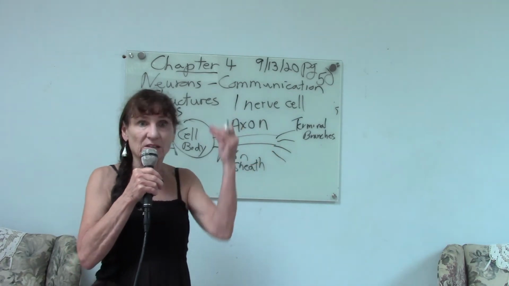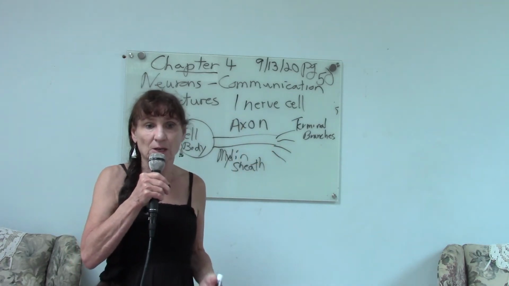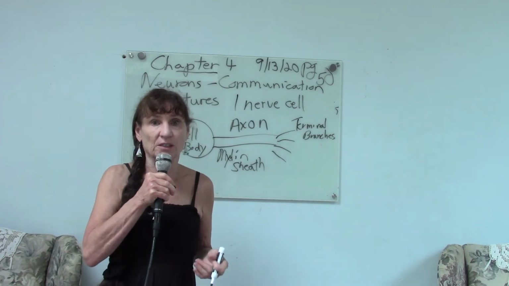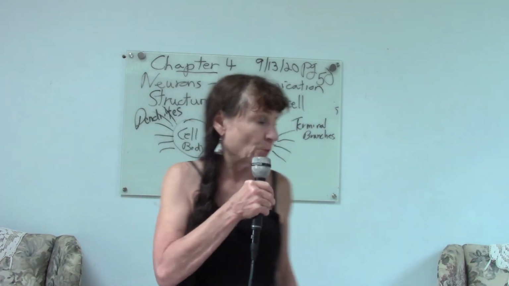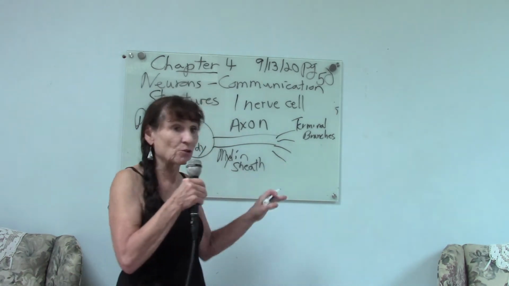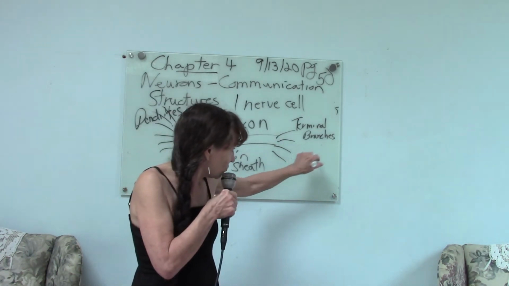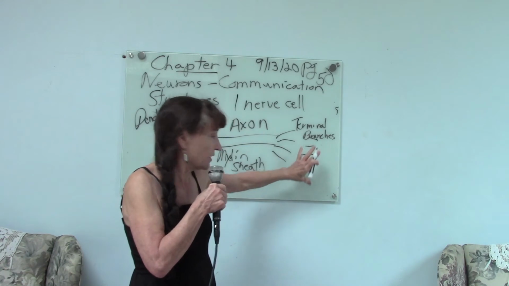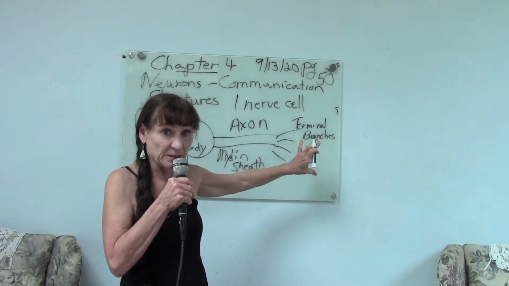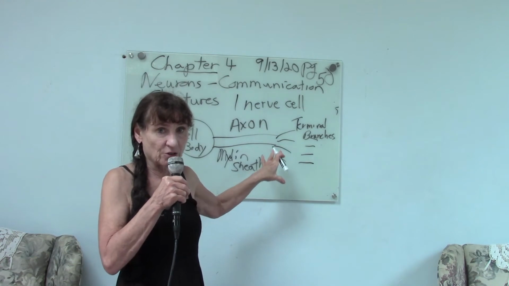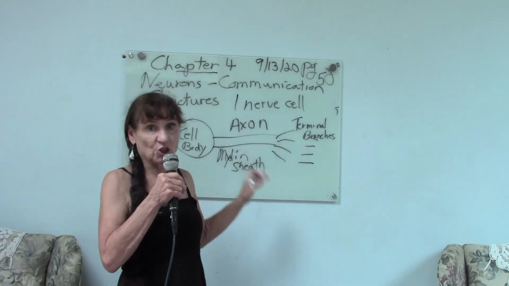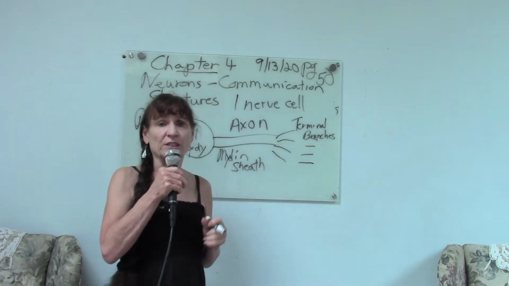That's why you get this cascade of symptoms: as the brain deteriorates, the body functions deteriorate. At the very end here, it used to be thought that the dendrites of an adjoining or next door neuron actually touched the ends or the terminal branches of the adjoining neuron.